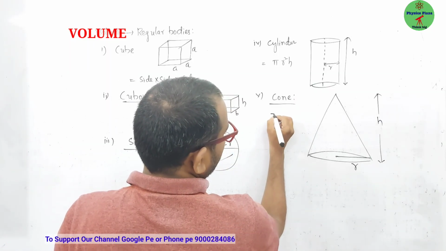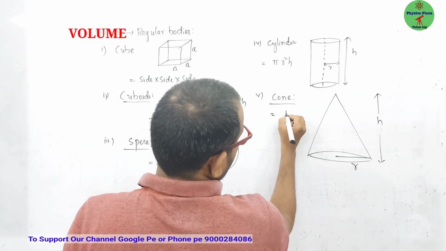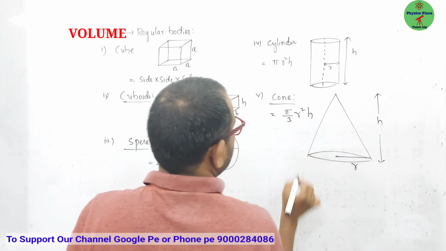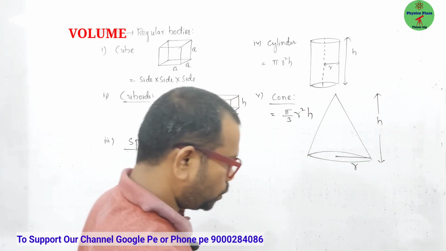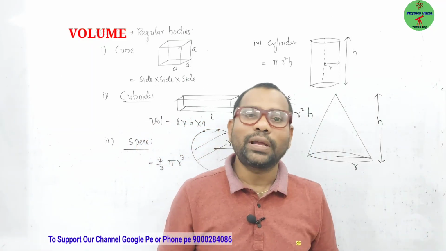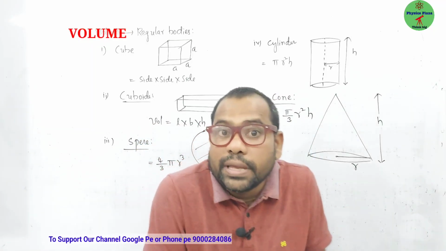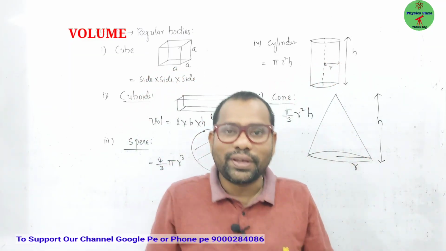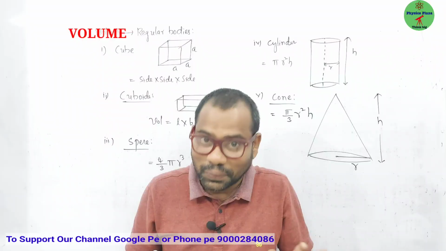Then the formula to calculate the volume of the cone is pi by 3 r square h. So don't get confused. Just have some practice, you will get it. Practice makes students perfect. Is the point clear?